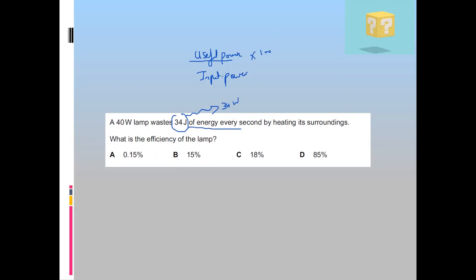So the remaining 6 watts is useful, the input is 40, so 6 divided by 40 multiplied by 100 is 15% efficient.